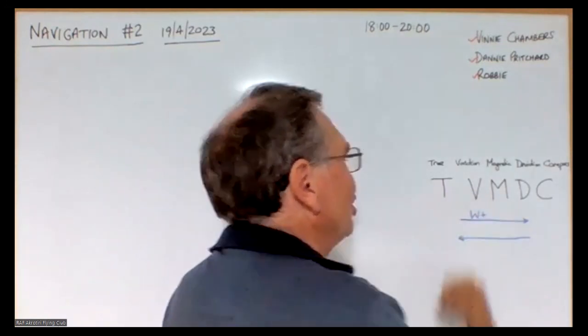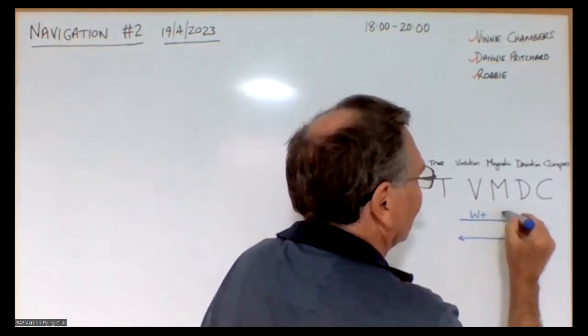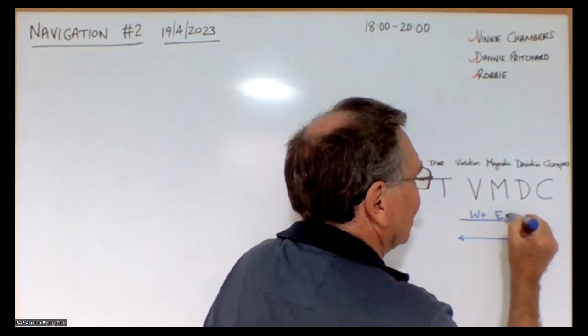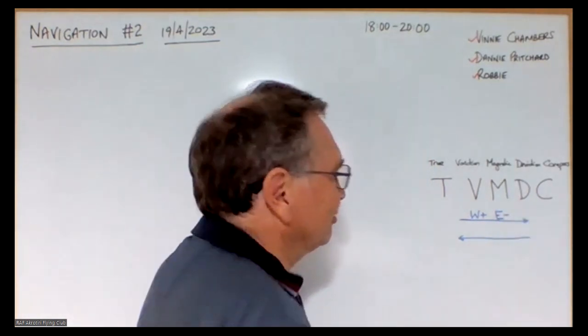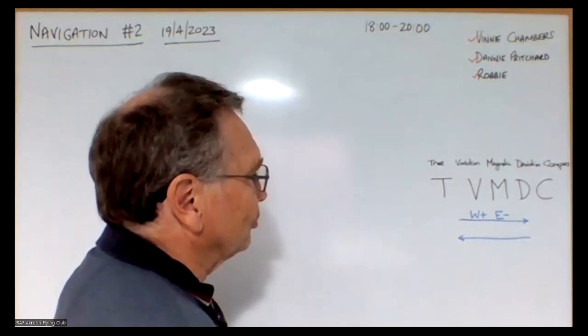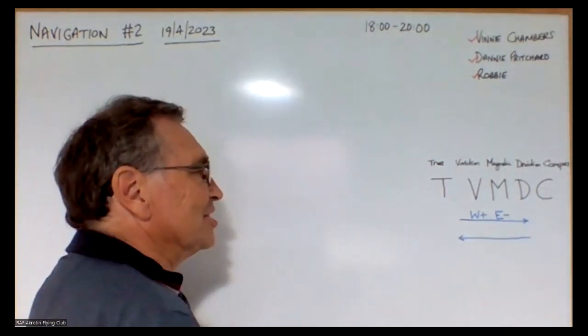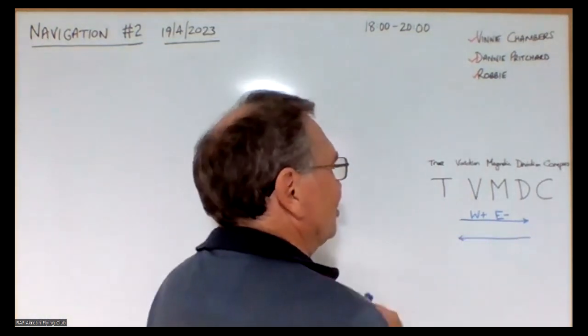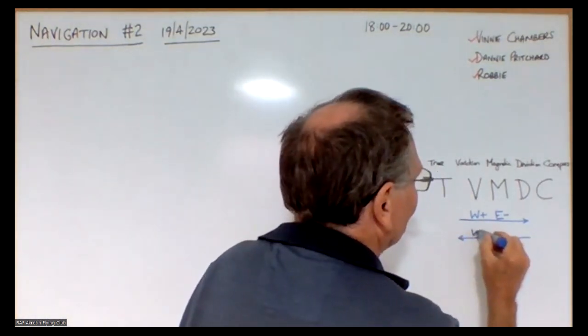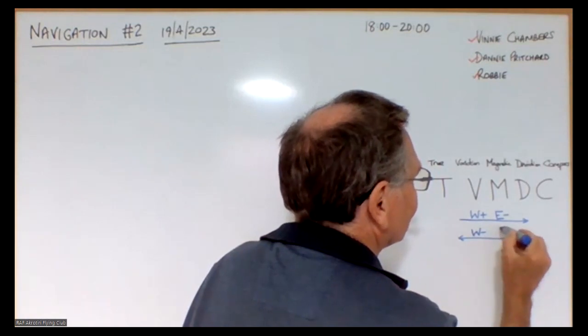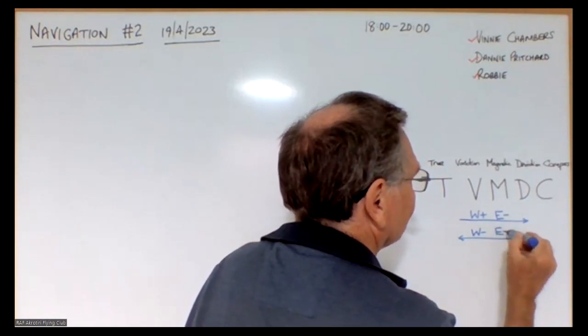Now that means if I've written W plus, then logically it must be E minus. And then this arrow's coming this way, so it must be the opposite. So that's going to be W minus, E plus.